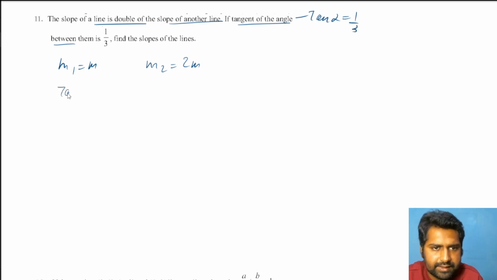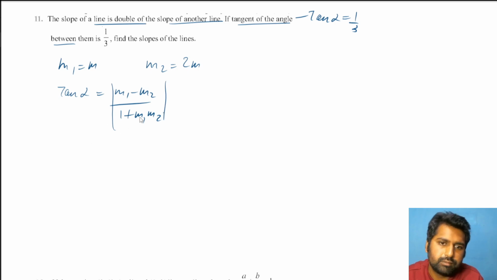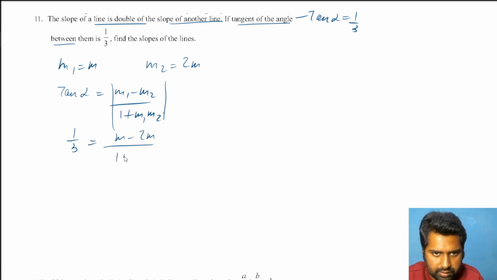So basically tan alpha is mod of m1 minus m2 upon 1 plus m1 m2. This is the formula. Now he is saying tan alpha is 1 by 3, m1 is m, m2 is 2m upon 1 plus m into 2m in mod. We have to solve this.